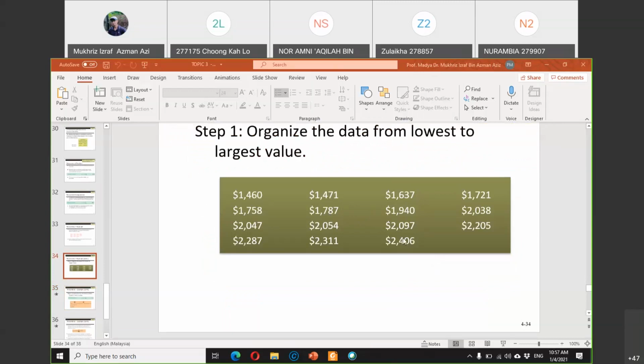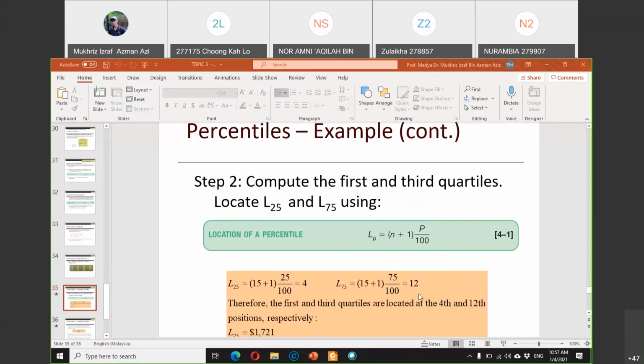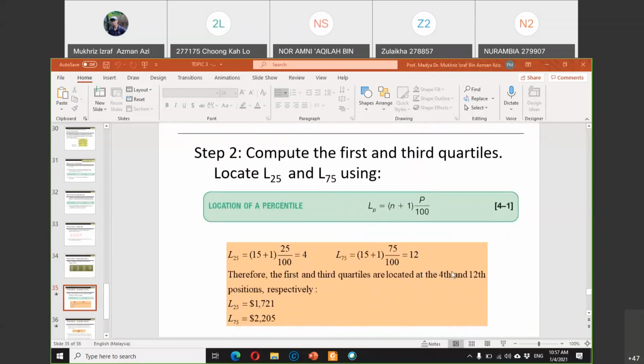When you arrange your data from lowest to highest, 4 is the fourth value, 12 is the 12th value. So then you can decide what is the fourth value and what is the 12th value, based on the sequence of how your data appears.